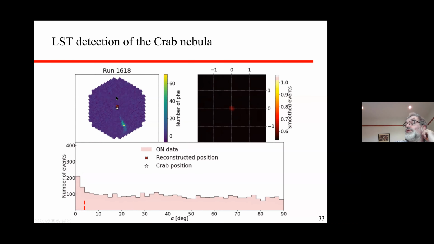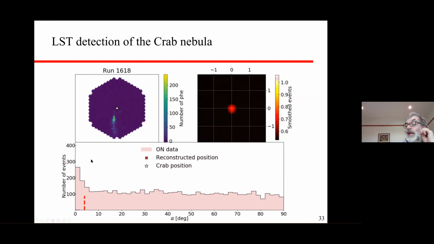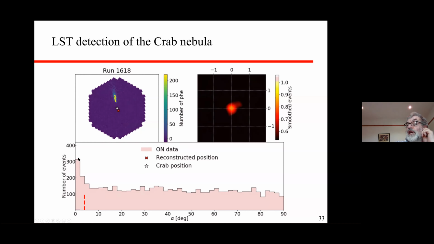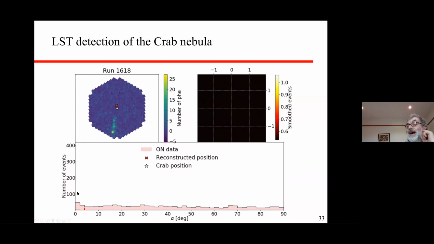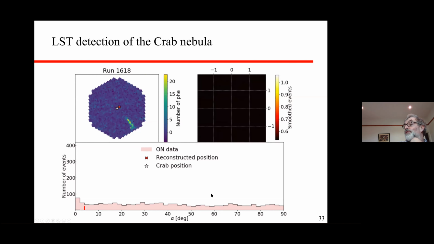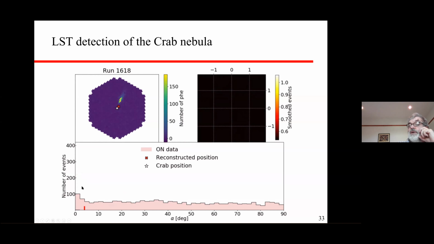This is now looking at a source, the Crab Nebula, and you can see that the number of photons coming from the Crab Nebula is larger than the background number of photons caused by starlight, and so on and so on.